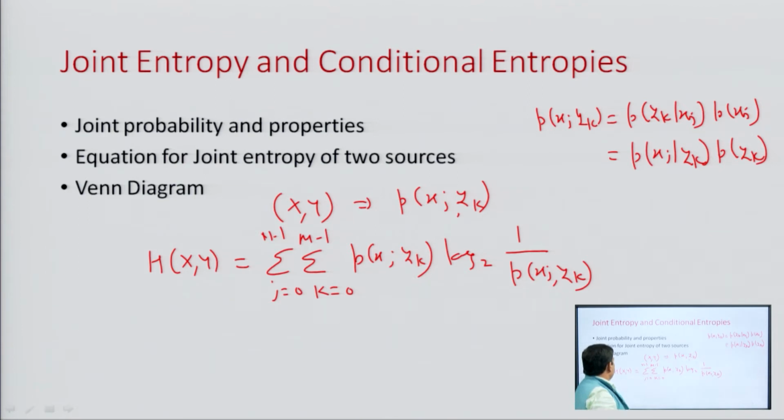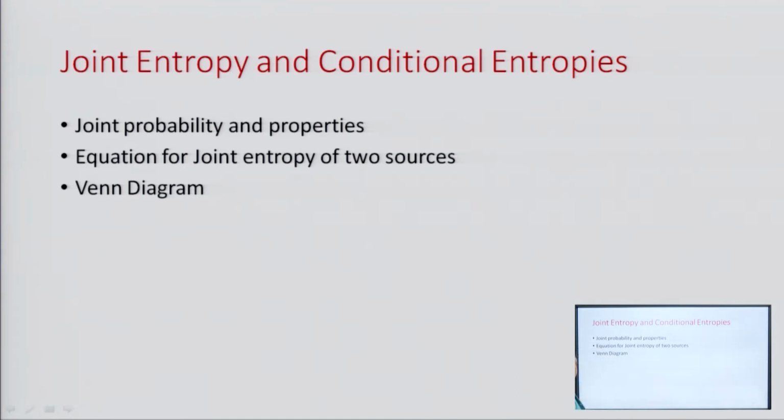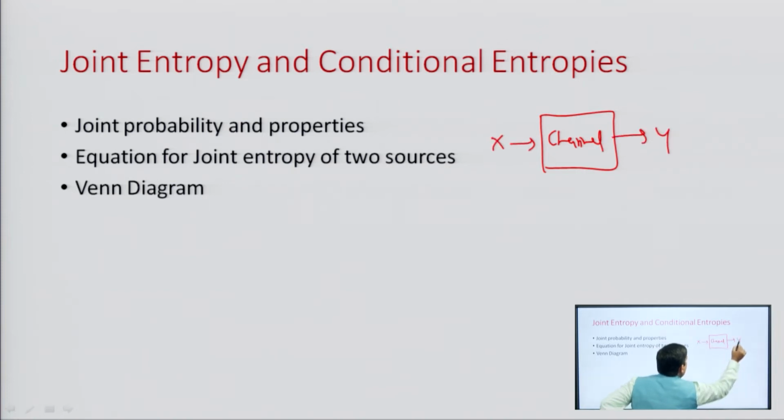Now, next is the Venn diagram. For the same channel where x is input, y is output, and we are calculating their joint entropy, x and y are mutually dependent also, not statistically independent.